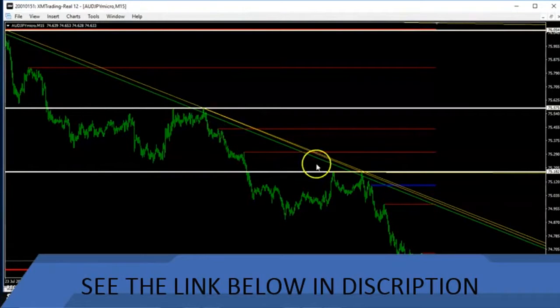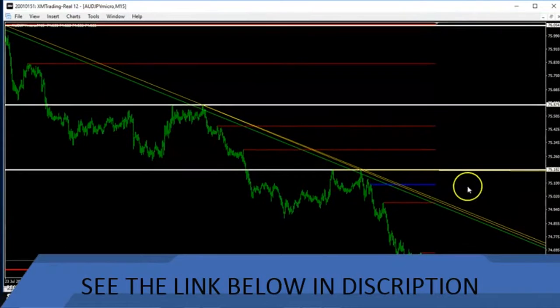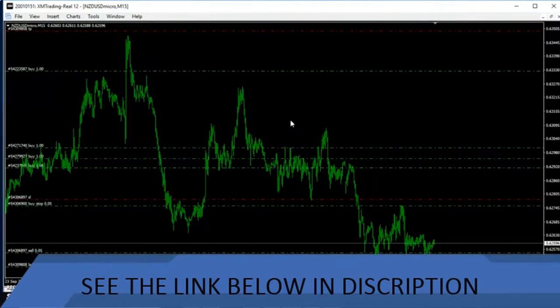Now let's go to the 15 minute time frame. This is the line you put there to say, okay, touch and sell. This is the line that we broke.